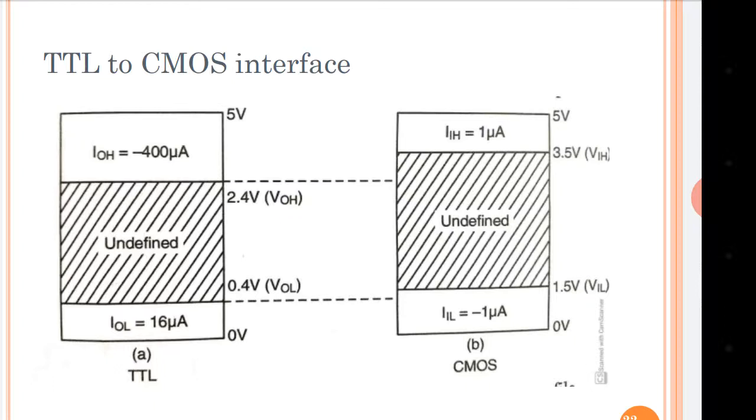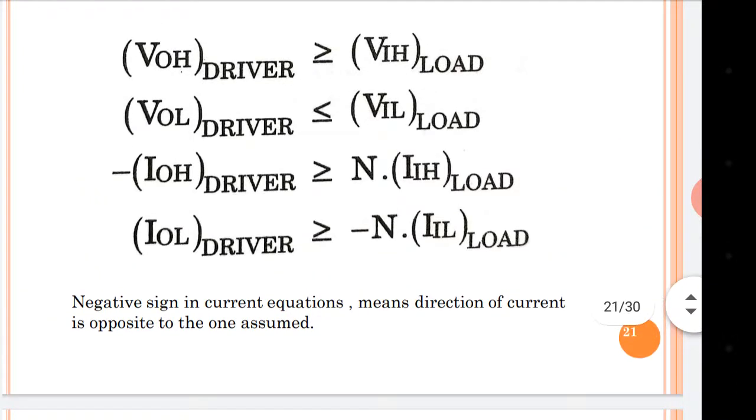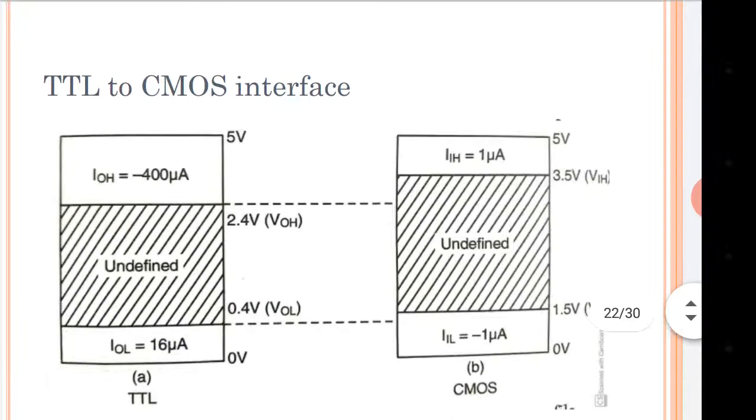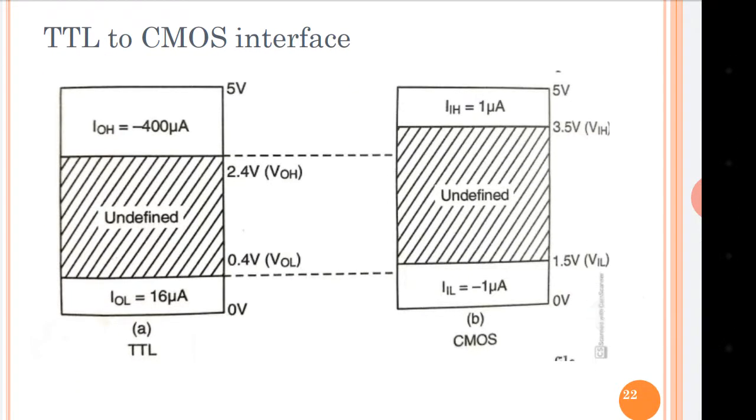Our first equation will not get satisfied. Our first equation was, let us observe again, VOH of a driver should be greater than or equal to VIH of a load. That means VOH of a TTL should be greater than VIH of the load, that is 3.5 volt, and the equation is not satisfied.